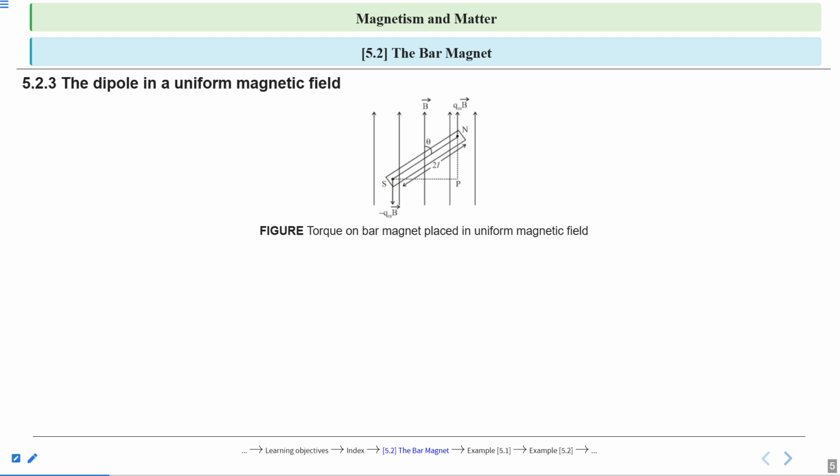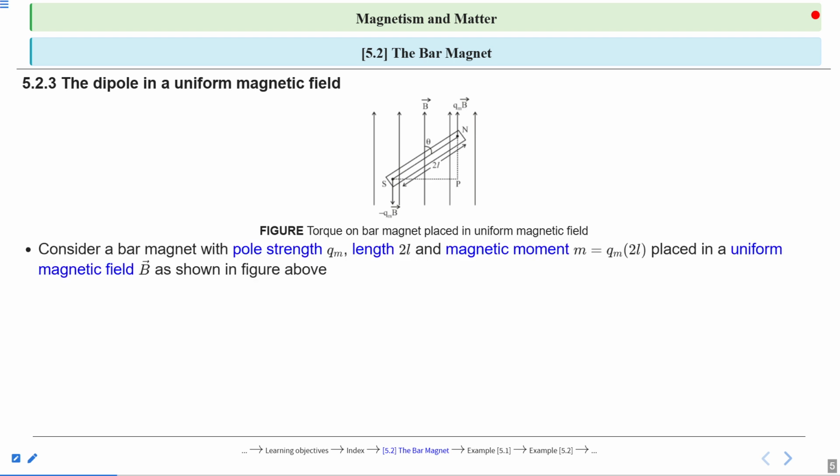Now consider a bar magnet with pole strength Qm. We took charges Q and minus Q in the electric dipole, and in the magnetic dipole we will take Qm as the pole strength. What was the electrostatic force? F equal to Q into electric field.